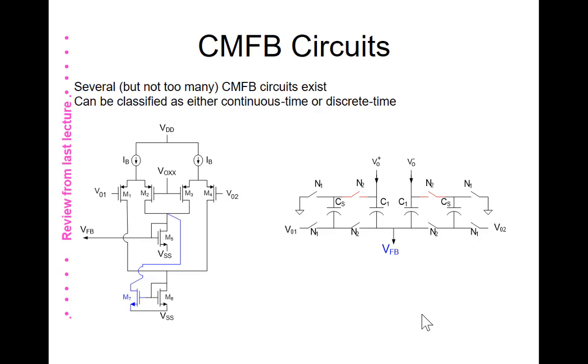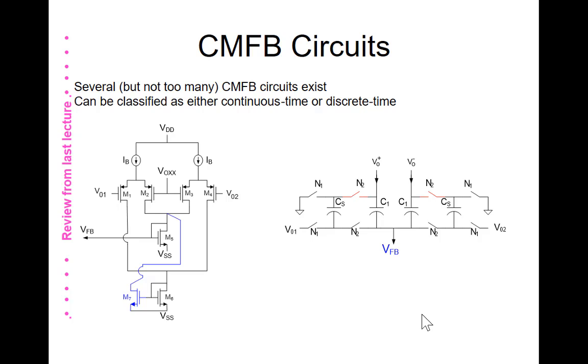The circuit on the left is a common mode feedback circuit. This one doesn't have the resistors in it. It actually has two differential pairs, and your two outputs are here. You can show that the average value of these two signals appears on this current here, and that generates the common mode feedback signal. This is a switch capacitor common mode feedback circuit.